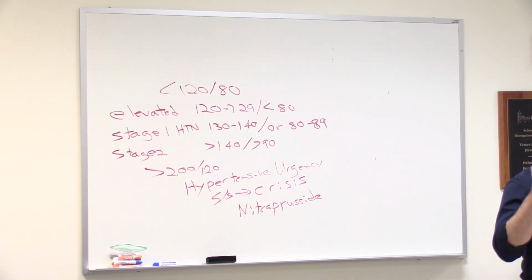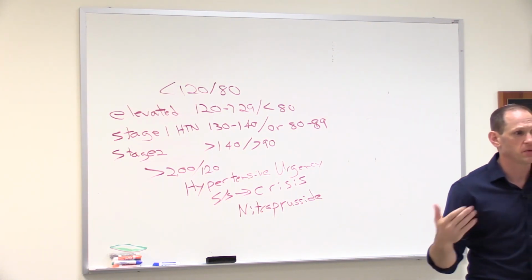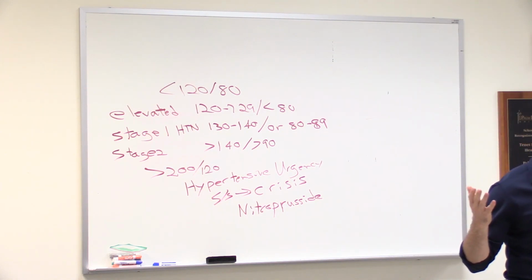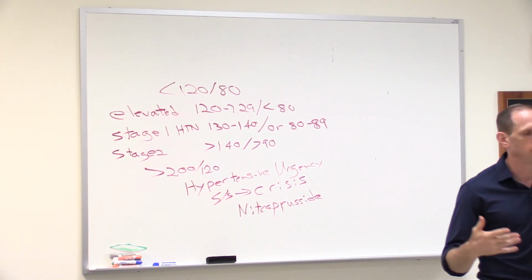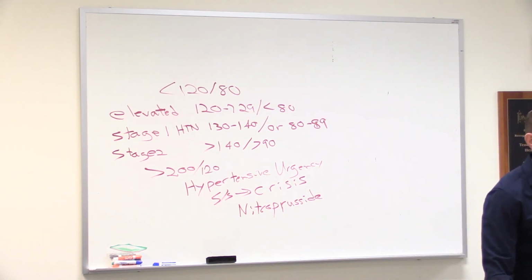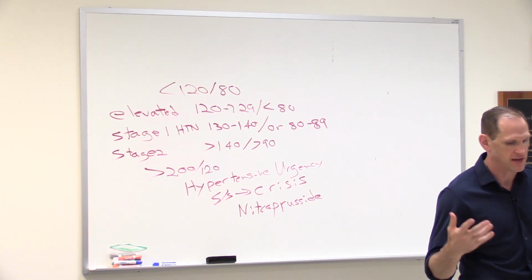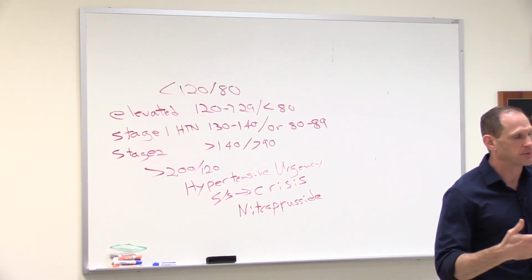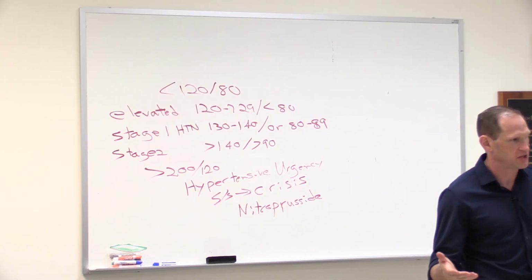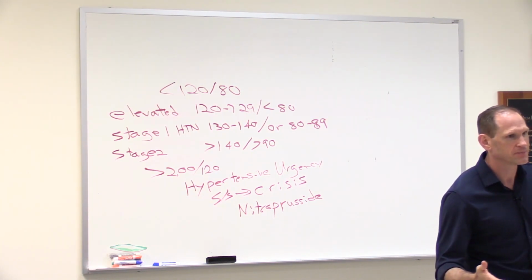The way that it works is by vasodilating arteries and veins. So it works really, really quickly, and it's given IV. Now, in today's environment, it's used less often, and more often nowadays, they're beginning to use a calcium channel blocker, and we'll talk about that particular drug name when we talk about calcium channel blockers next class.